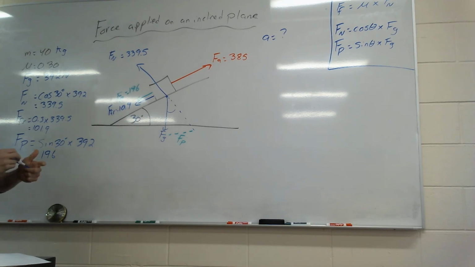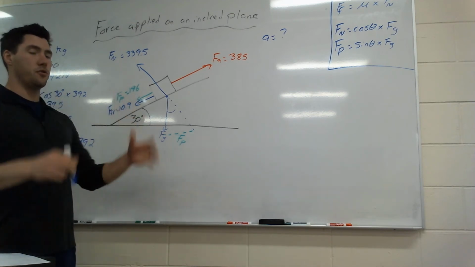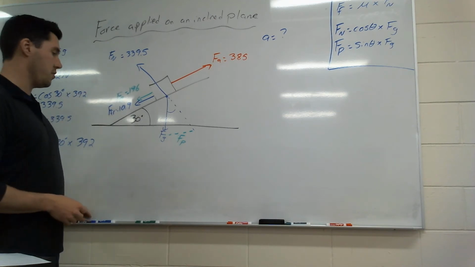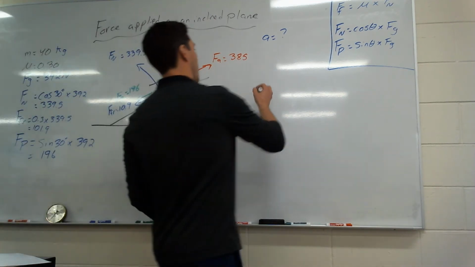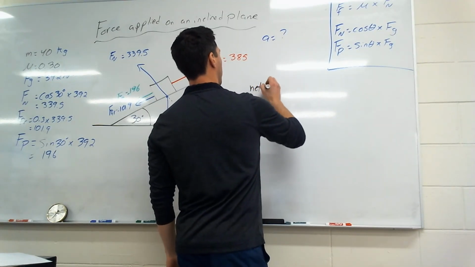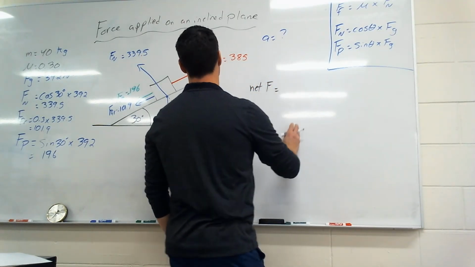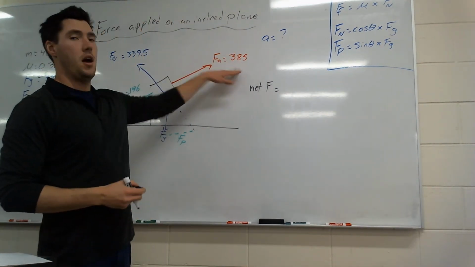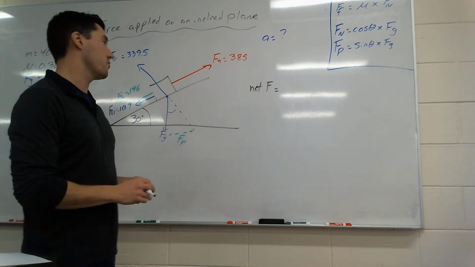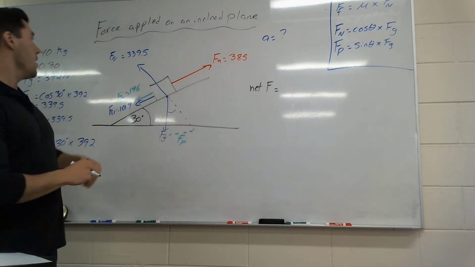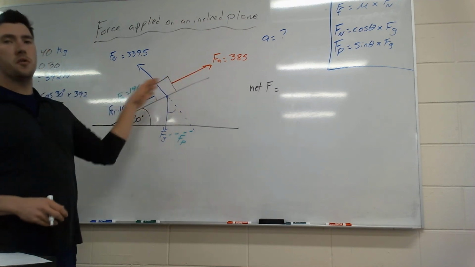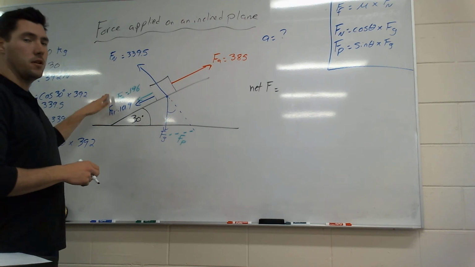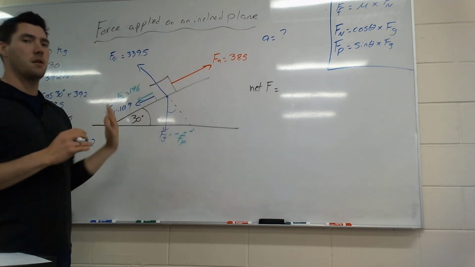Now we can find my net force, which is going to include three forces: force applied, force parallel, and force of friction. Net force is going to equal whatever's winning first, and then I minus my other two forces from it. You do that on any question. If force parallel is winning, you'd use your force parallel first. You find your biggest number between force parallel and force applied, and that's the number you start with.